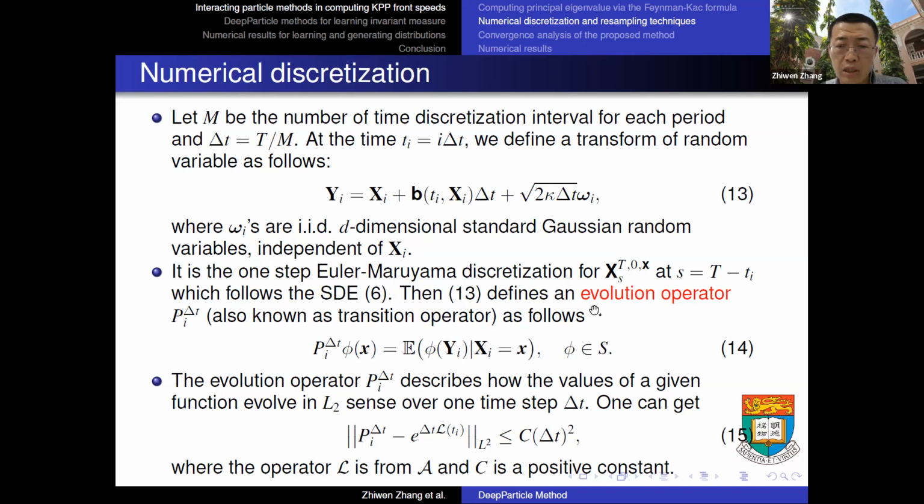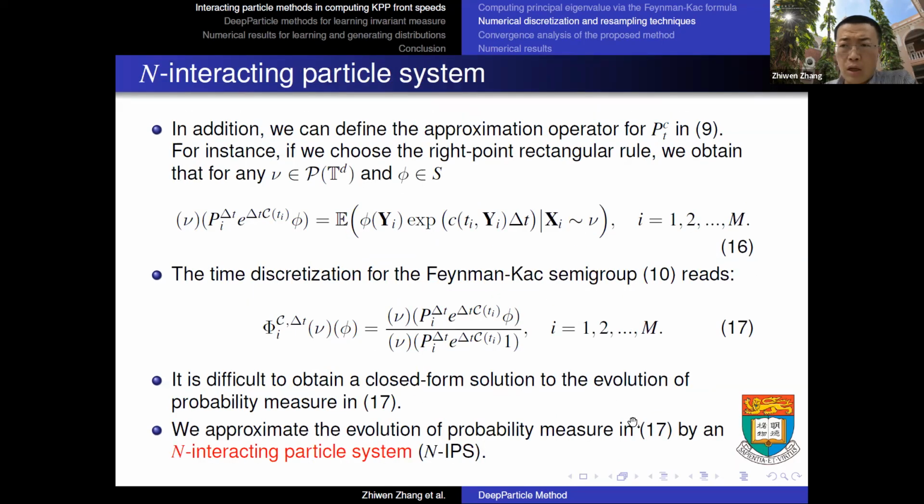This defines the evolution operator. Then this approximates this part with accuracy delta t squared, and then we can approximate this Feynman-Kac semigroup by some integration rule, such as a right-point rectangular rule. This time discretization can be written as equation 17.